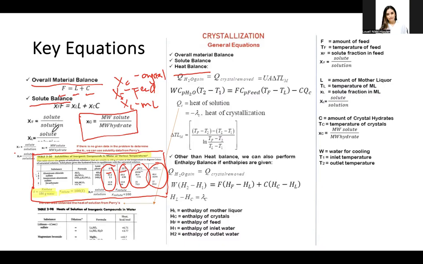So you multiply the S times 100, that is the value of your X solute.